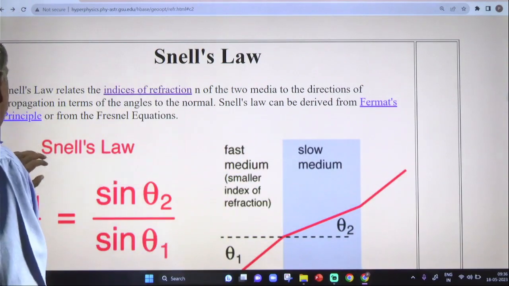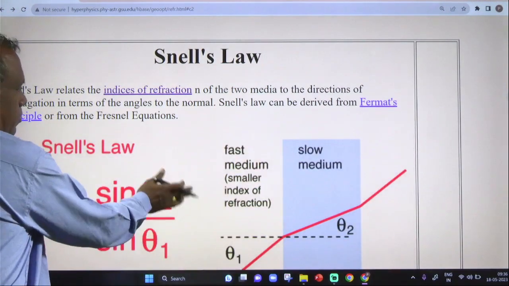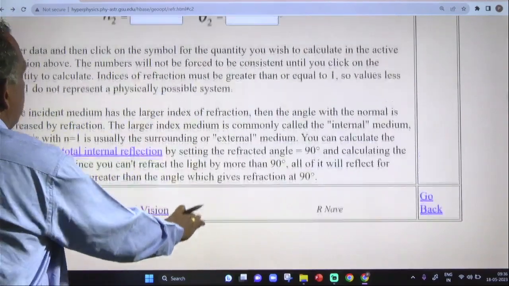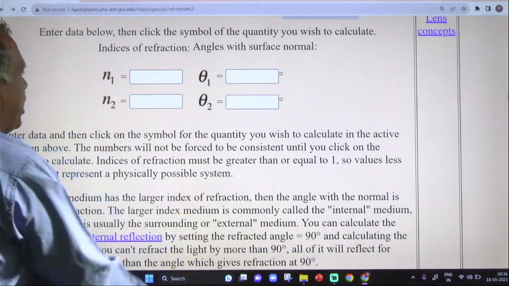This is about Snell's law. Here is one calculation.